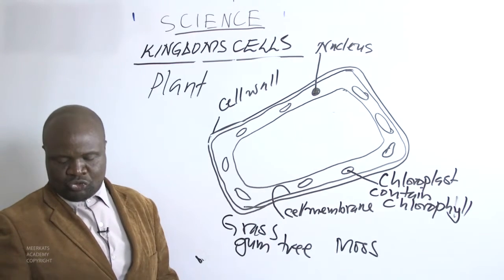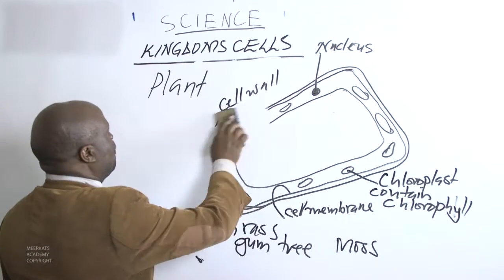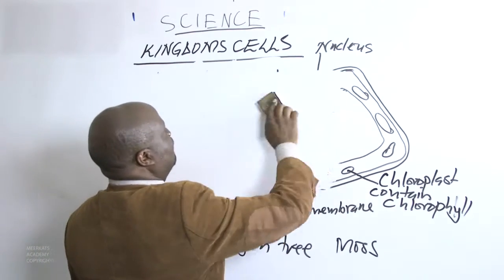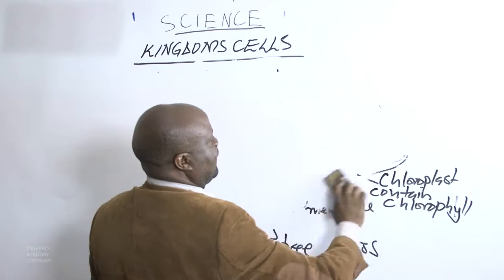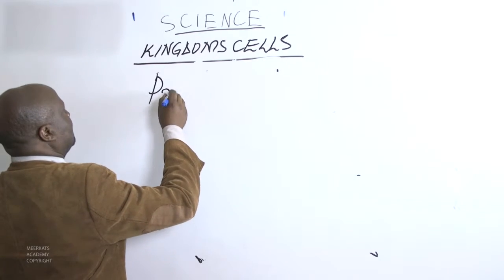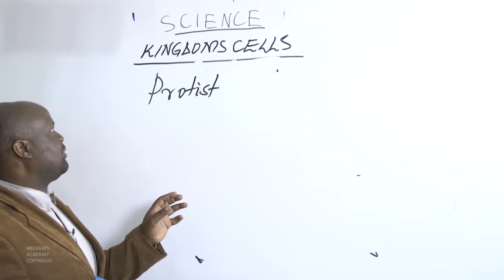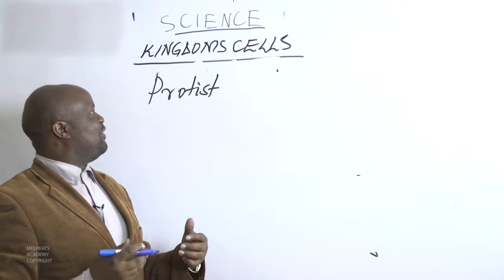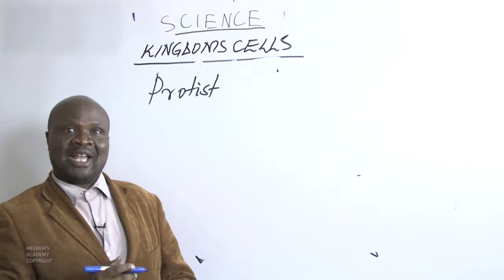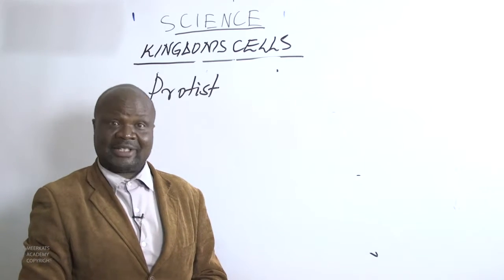We can now go to another kingdom called the Protist. We observe the nature and the characteristics of the cells in the Protist kingdom. Now, the living organisms that are present within the Protist kingdom, when you observe them closely, are going to show the following characteristics.